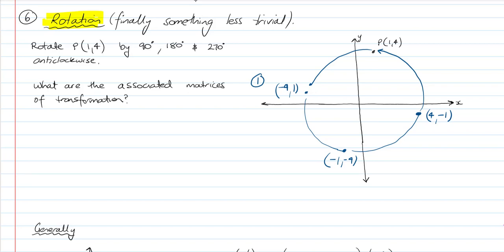Now I can develop reasonably quickly a bit of an idea of what these rotations are, and we can have a play around with them. What I get out of this is not super obvious. To start with, I need to take the original point, which is 1, 4, and I want it to go to -4, 1. There's lots of ways I could do it with dilations, etc., but that's not the right approach.